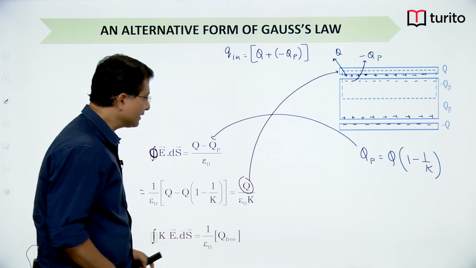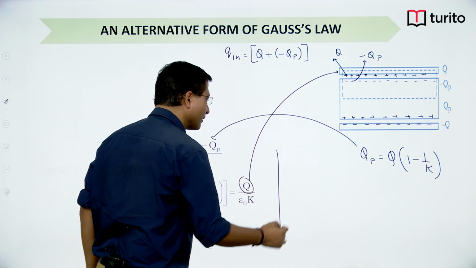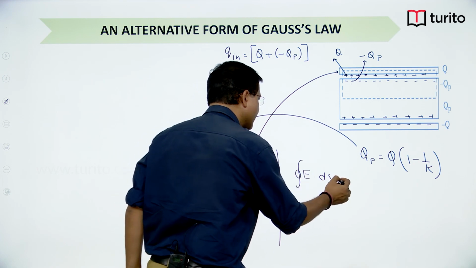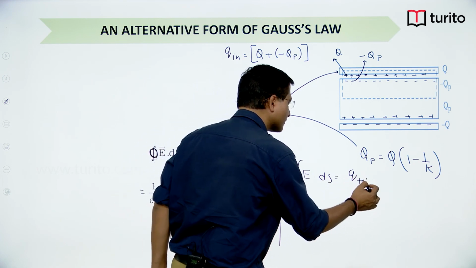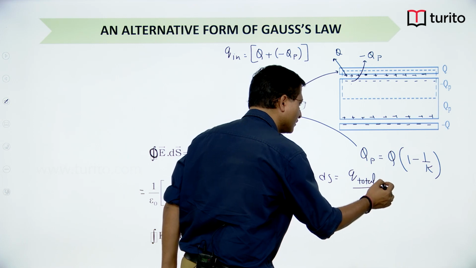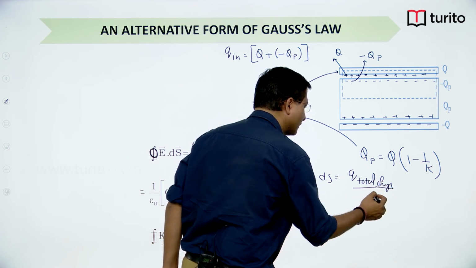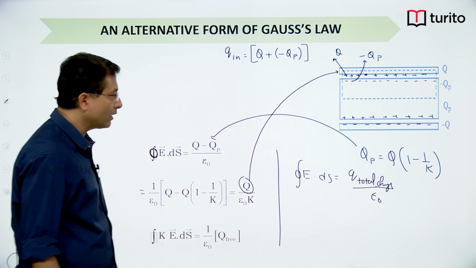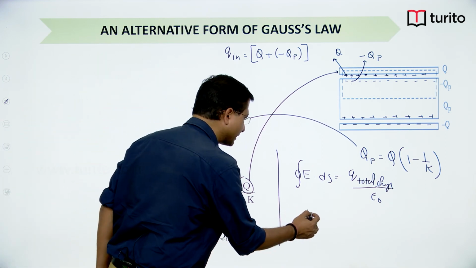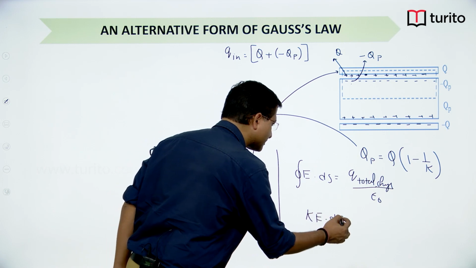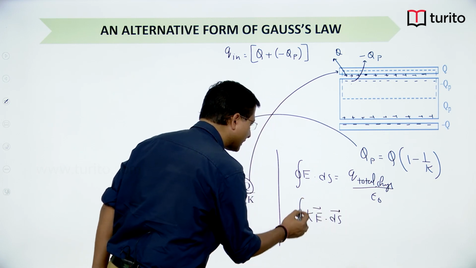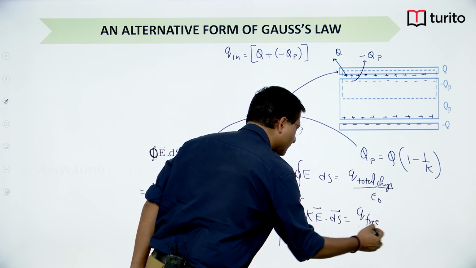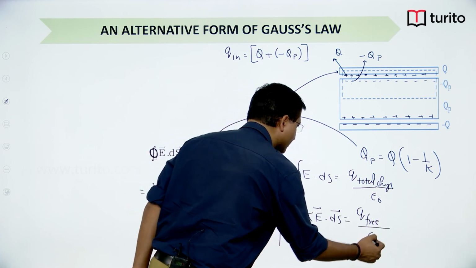So, when you want to write the expression for the closed integral of E dot ds, then this side you have to write total charge divided by epsilon naught, right. But when you are writing it this way, K times E dot ds, do remember that here you need to write Q free charge divided by epsilon naught, right.